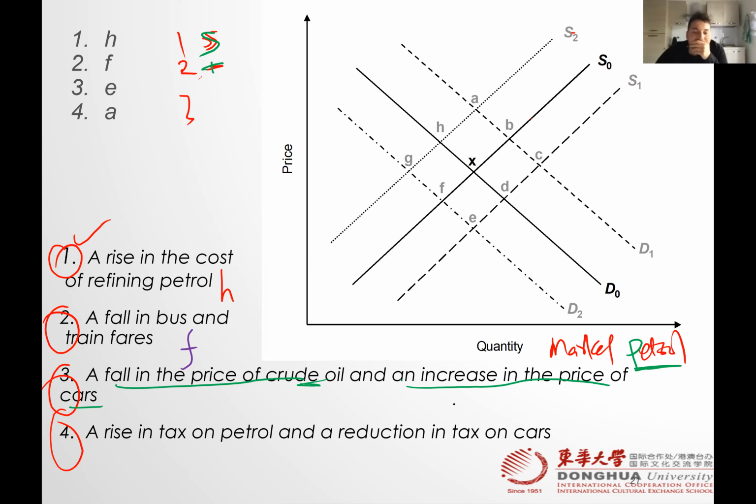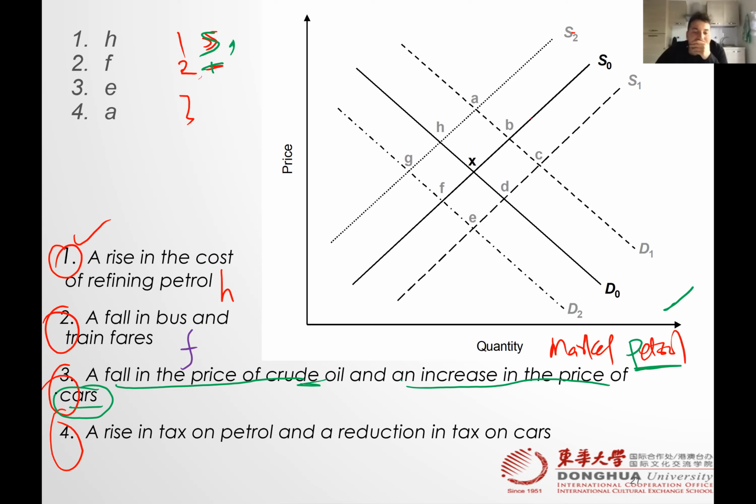But on the other hand, there is an increase in the price of cars. This is a market of petrol, and there is a relationship between car and petrol, because petrol is an integral part of a car.